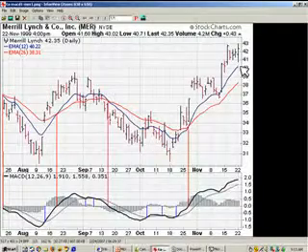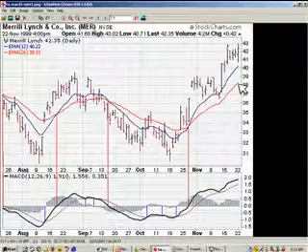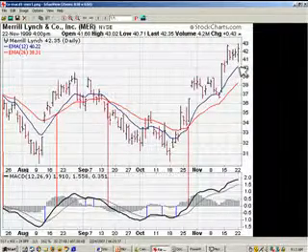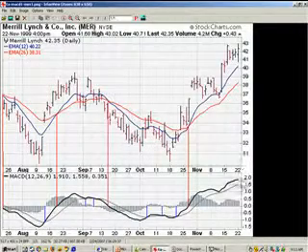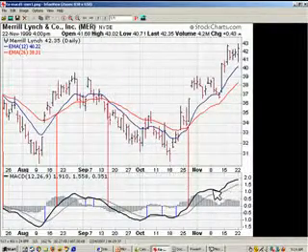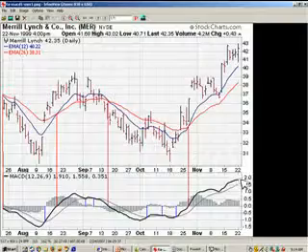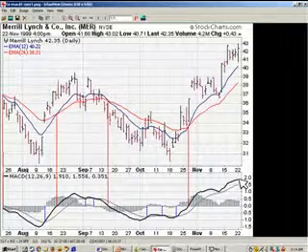You see the 12 is at approximately 40, and the 26 is at 38. So the difference between the two, 40 minus 38, gives us the MACD line. Here the MACD is plotted down below. The black line that I'm pointing at is the MACD line. You see it is at 2. That's the 40 minus the 38, so it's a positive 2.